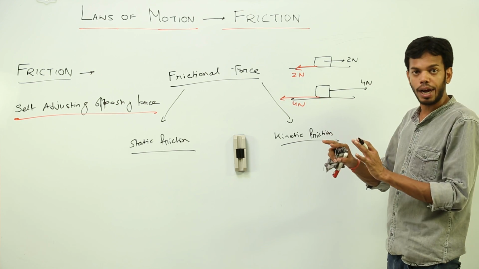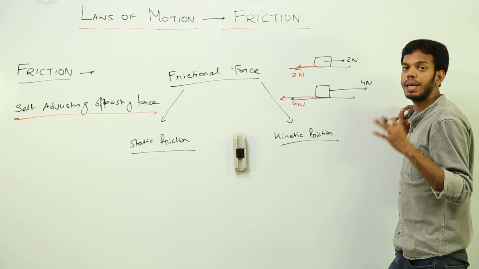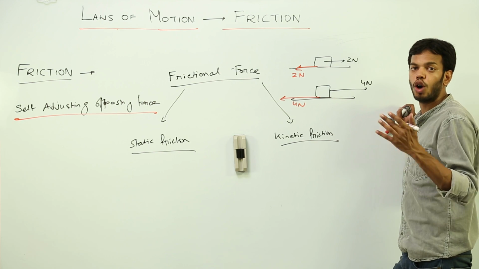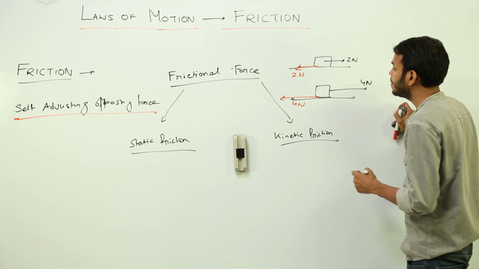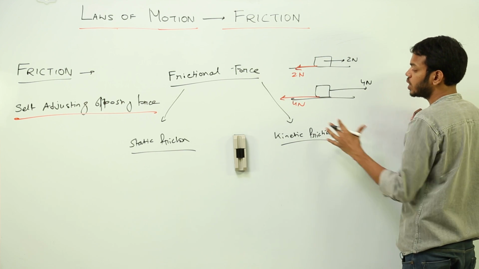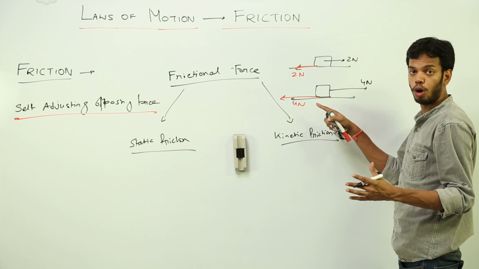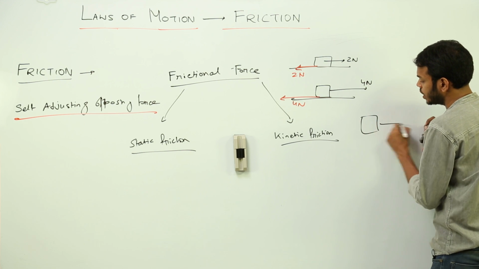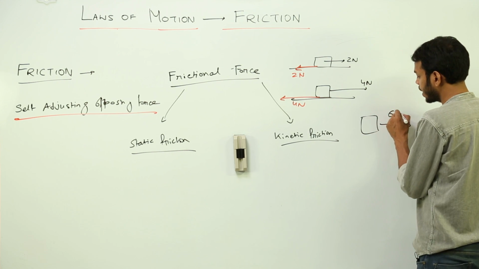To break all those bonds, we will have to apply a larger force depending on what type of surfaces are in contact. Suppose 6 newtons is the force at which all bonds will break. So at 6 newtons the body will start moving, right?